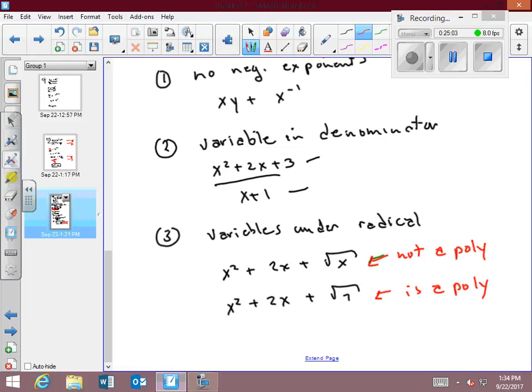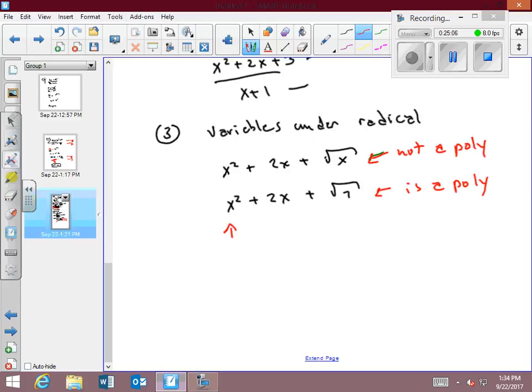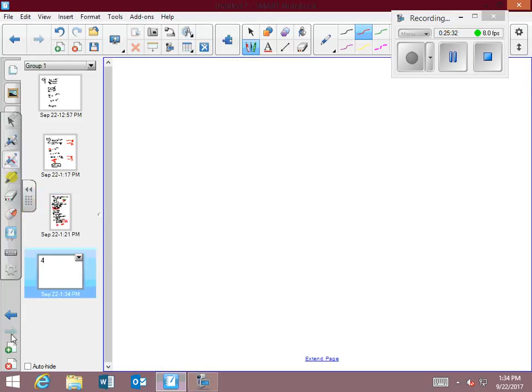By the way, this is the leading term, after you get it in descending order. And this is the constant term. Okay. So those are some things that we need to understand as we go forward with this.